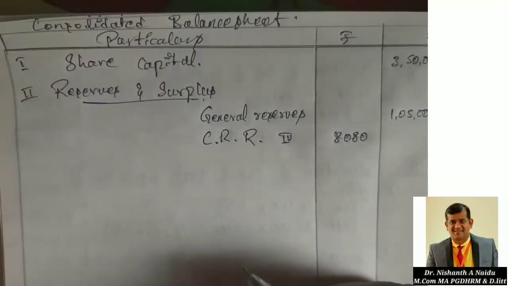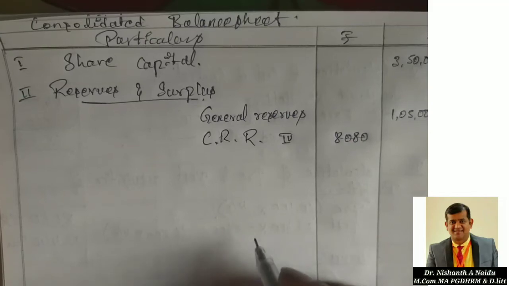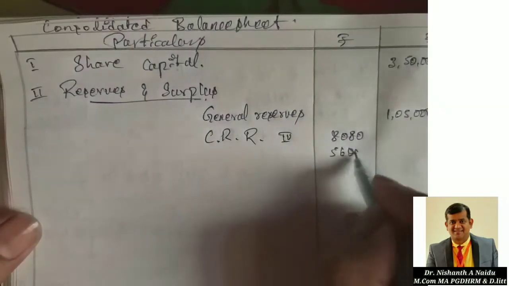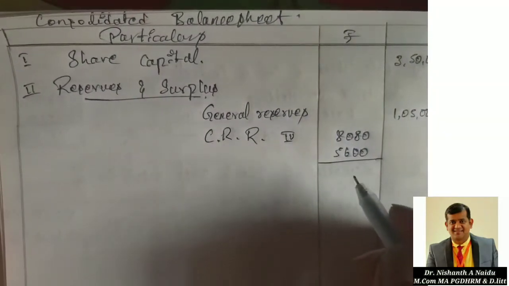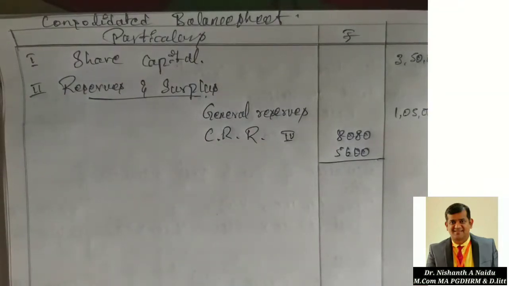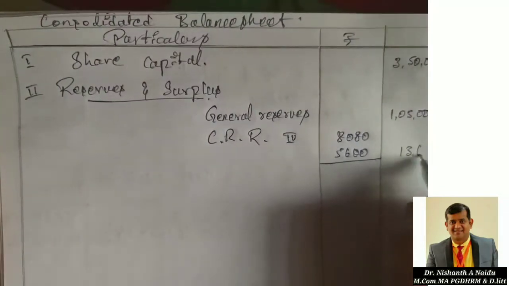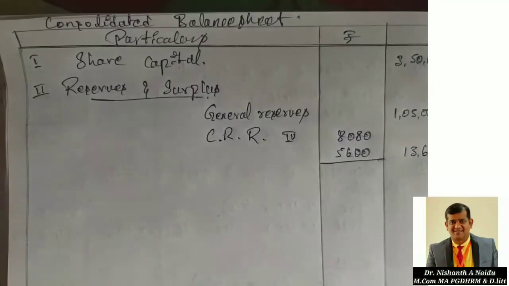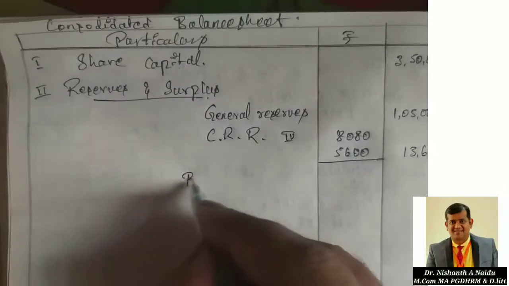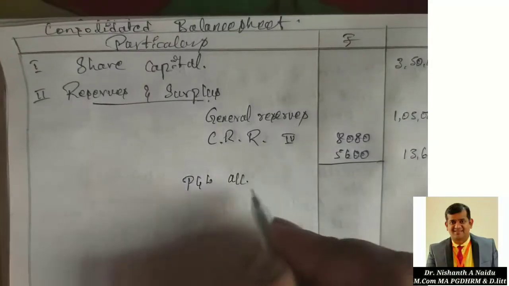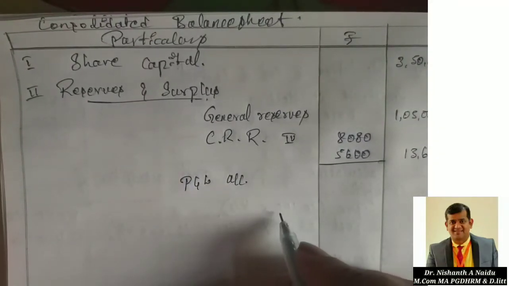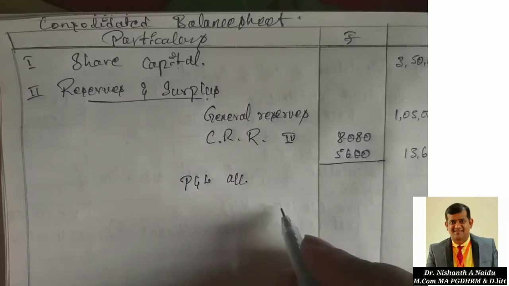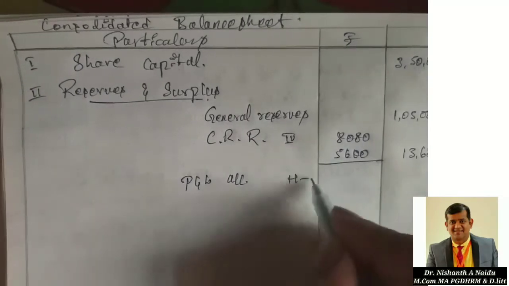Then also we have identified 5,600. So total these two and put it to the outer column. 8080 plus 5,600, 13,680. Then we have to mention P&L account as well. P&L account of P Company Limited, how much we have in the old balance sheet?